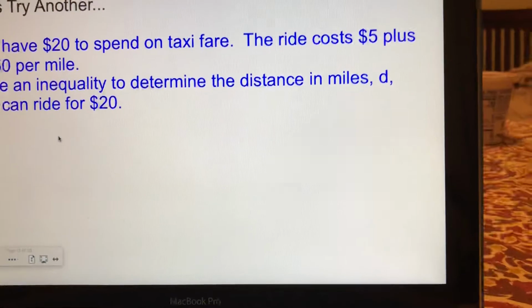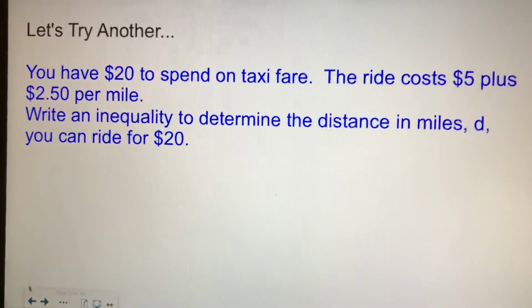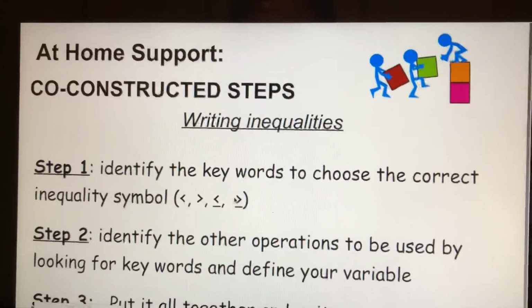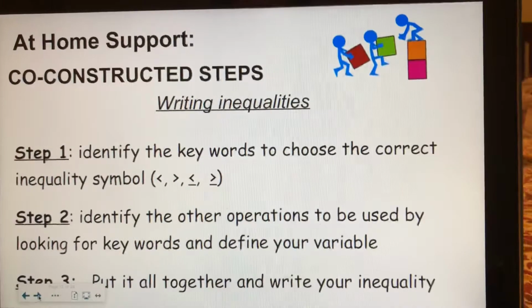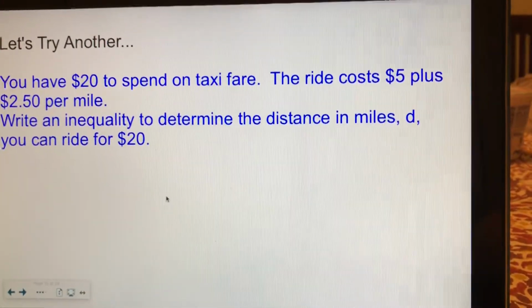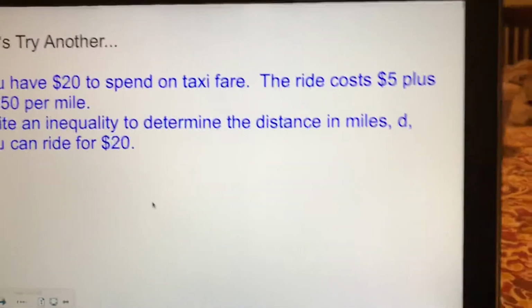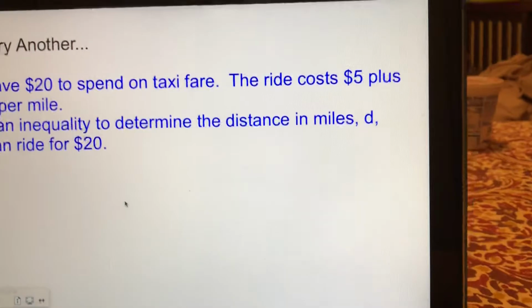So I'm pulling out my pen. And the first thing I want to do, let's look at our steps again. Identify the keywords and choose the correct inequality symbol. So I look here and I have a keyword that we have plus, which means I'm doing addition, and per mile.